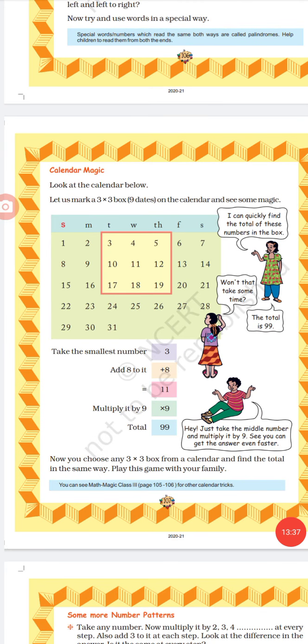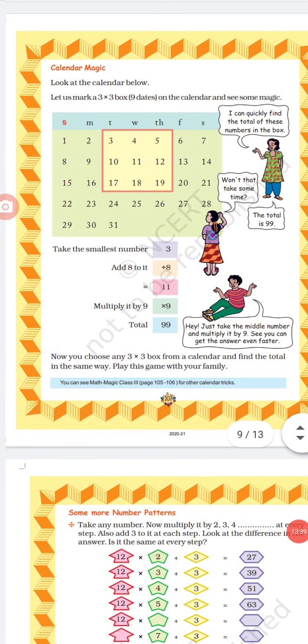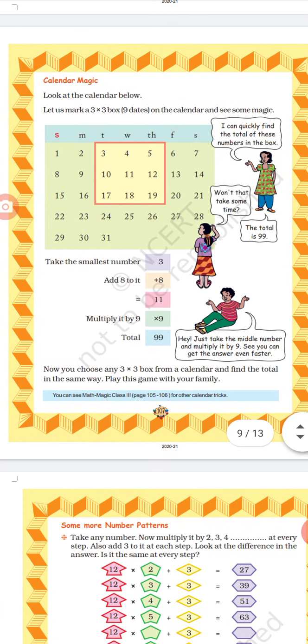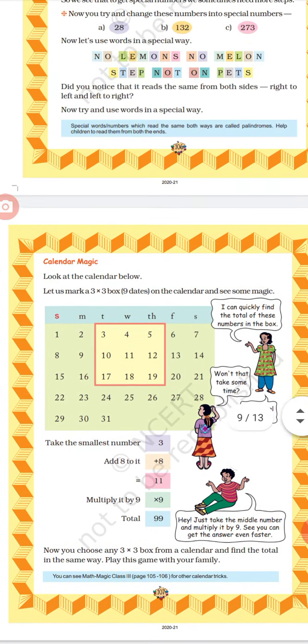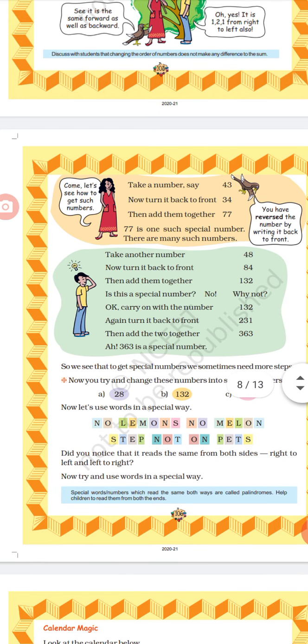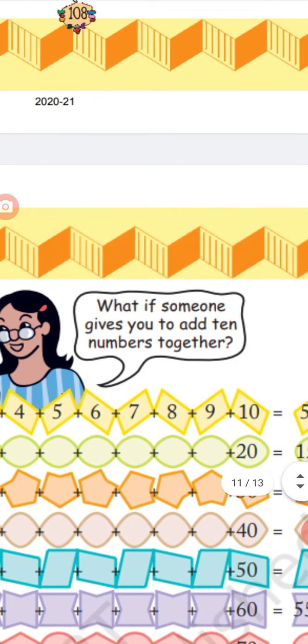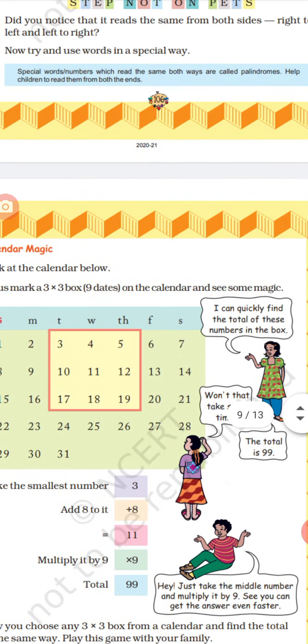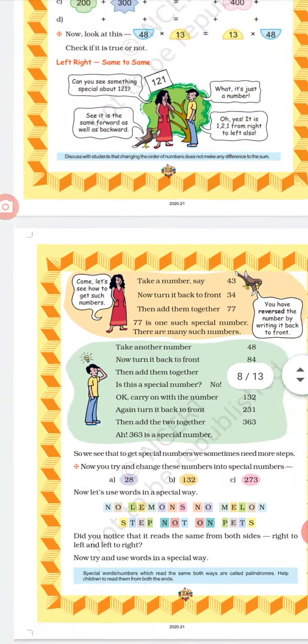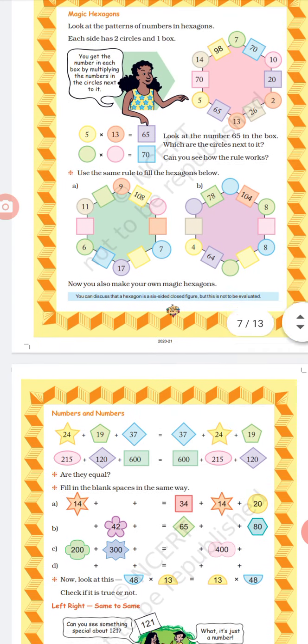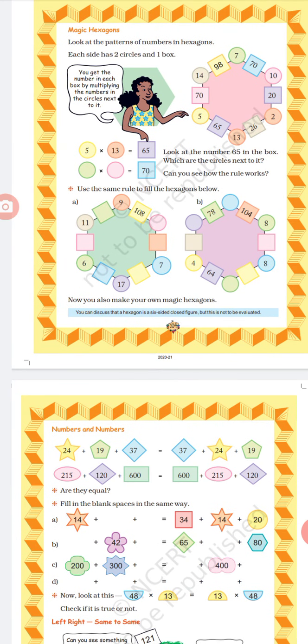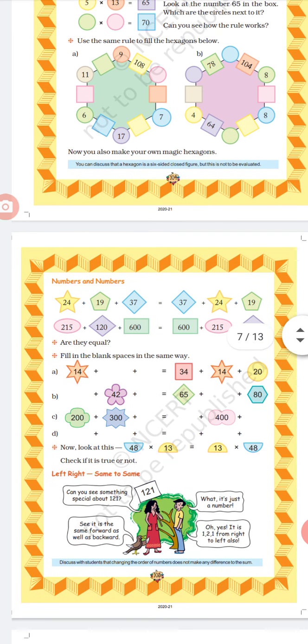Okay, now calendar magic we are going to do in the next lecture. I hope that you have understood all the topics which I taught you today. And today your homework is, first of all, you have to use the same rule to fill the hexagons below, A and B, and then numbers.